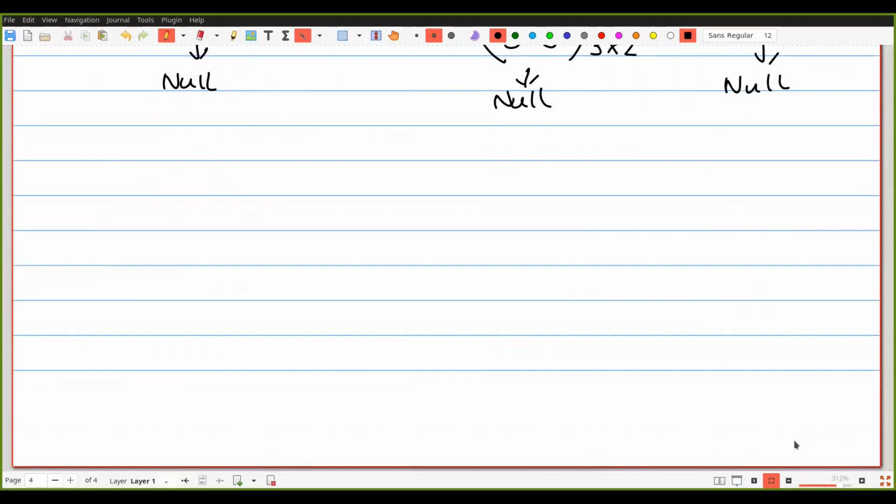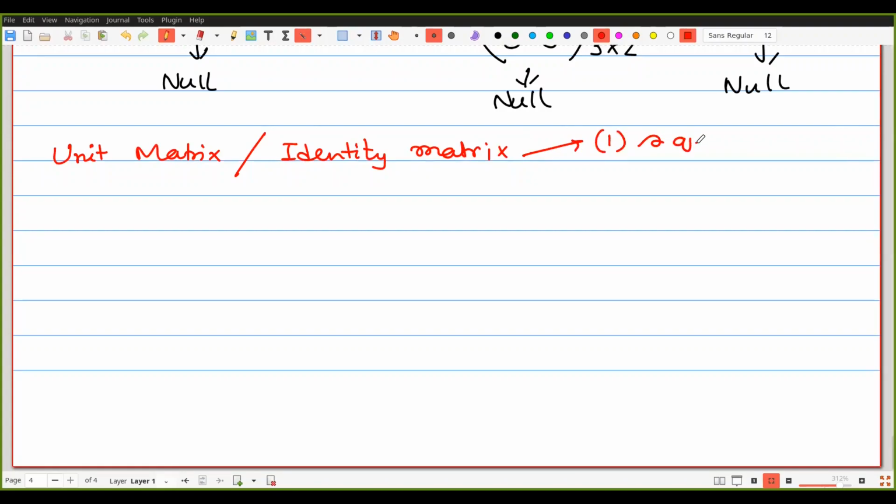Next one is called the unity matrix or identity matrix. Unity or unit or identity. What is an identity matrix? It has to be, at first, a square matrix.